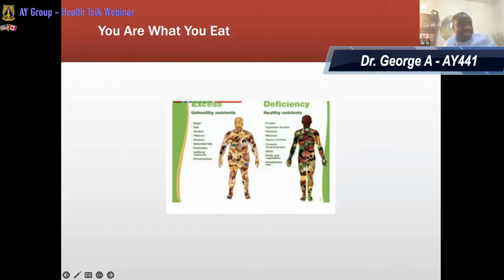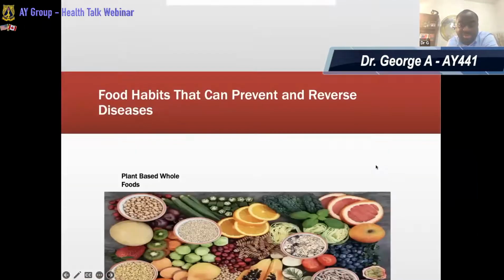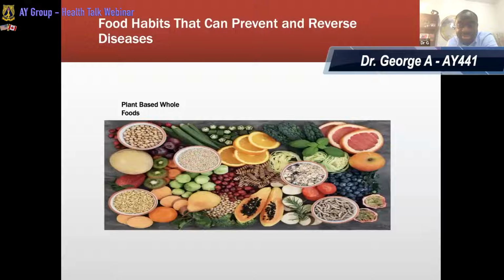If you eat like this, don't say, I don't smoke, I don't drink, you are killing yourself. But if you go on the right side, all kinds of fruit and vegetables, you are on the right path, and you're guaranteed a good life, high lifespan.